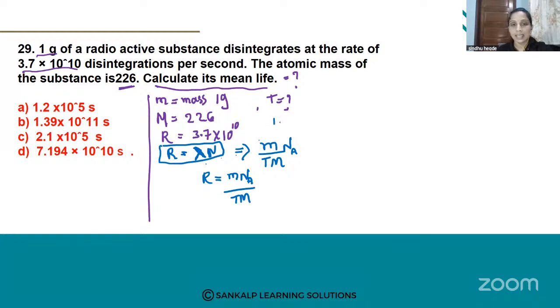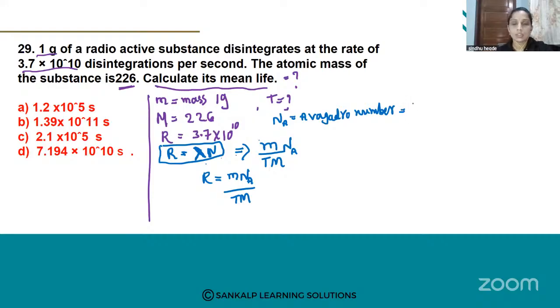What is NA here? Here NA is nothing but the Avogadro number. You might have heard this word, right? Avogadro number. What is the constant value of the Avogadro number?